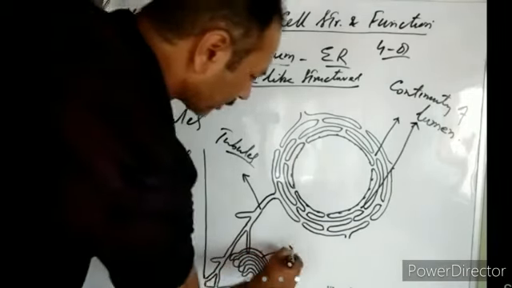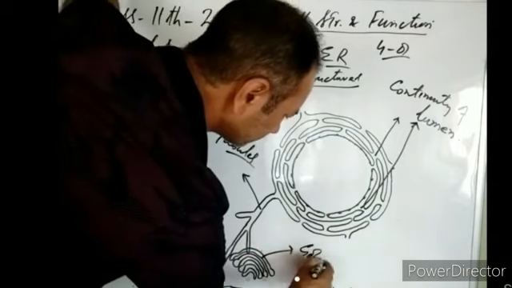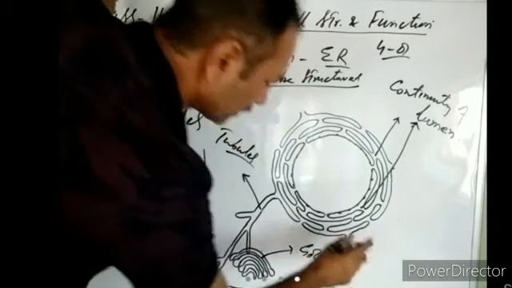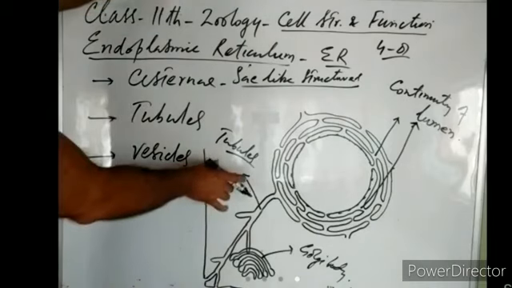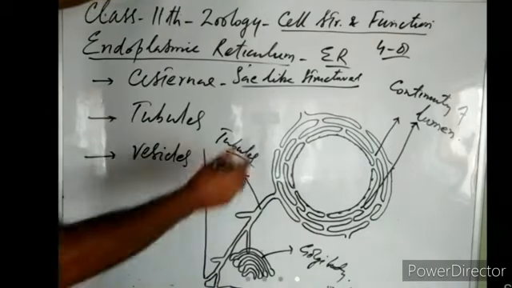This is the Golgi body. So the second element of endoplasmic reticulum is tubules. What are these tubules? These are tube-like structures. They show some branching. They may be directly attached to the plasma membrane, or they may join with the Golgi body. So this is the second element of endoplasmic reticulum.